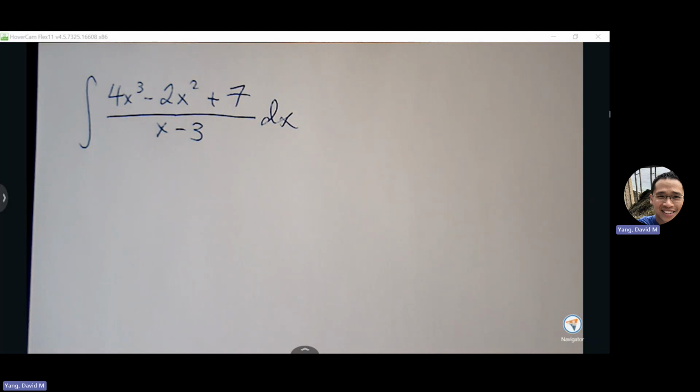It's a rational function. The denominator is linear, like x plus 3 or x minus 1 or x plus 5, and the numerator typically has degree higher than 1. So we can't split it up into individual fractions. We can't do u substitution. So this is a synthetic division.